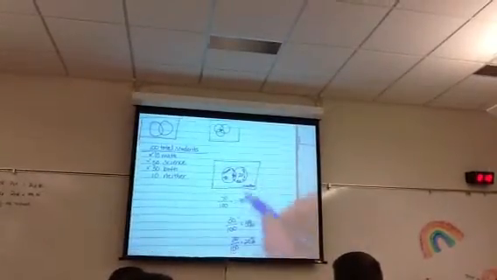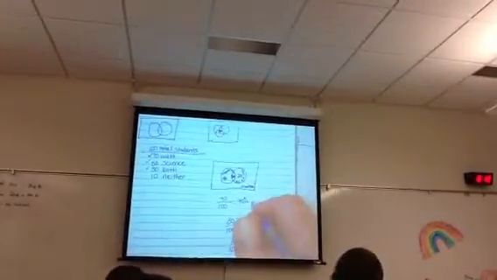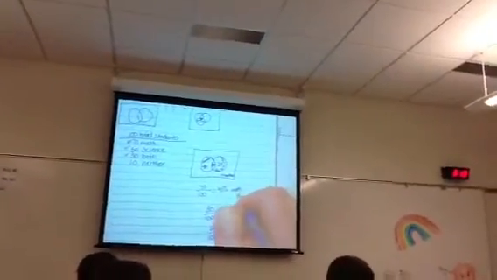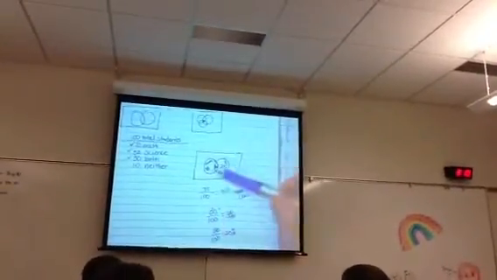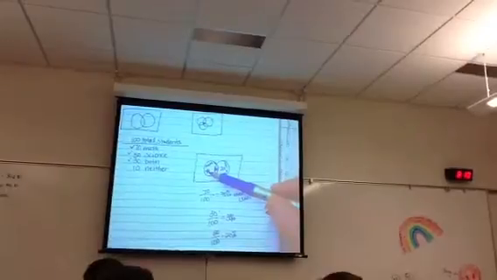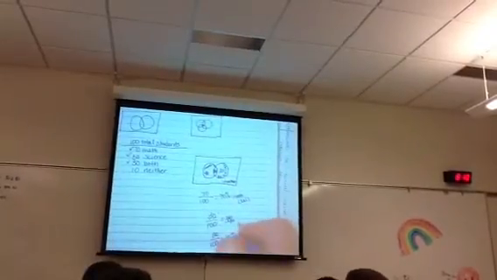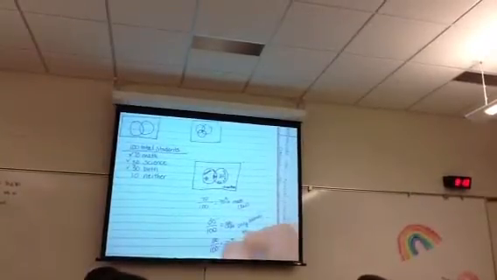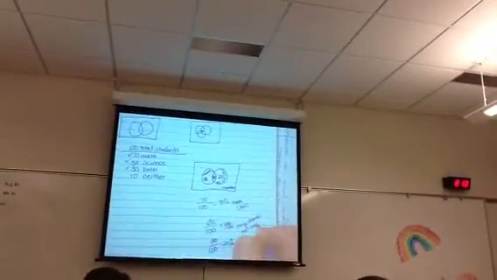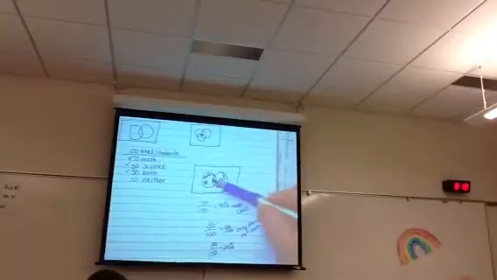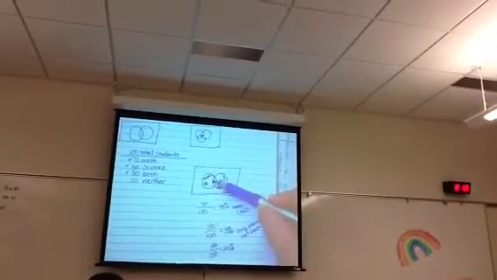This one, when we were up here, we said they're in math class. So these people were in math class and these people were in math class. Down here we said only science, not math. So these kids in the middle were in both. So we're not going to include them.